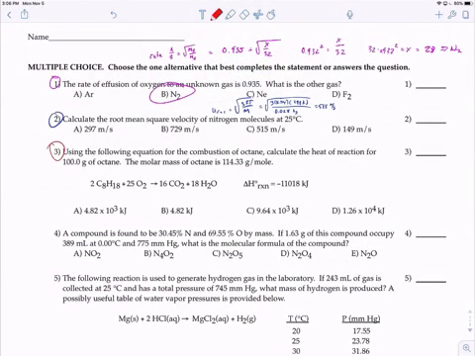Use the following equation for combustion of octane. Calculate the heat of reaction for 100 grams of octane.